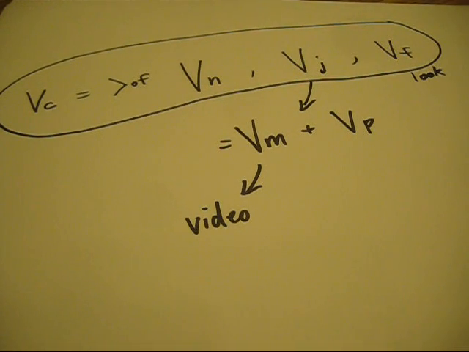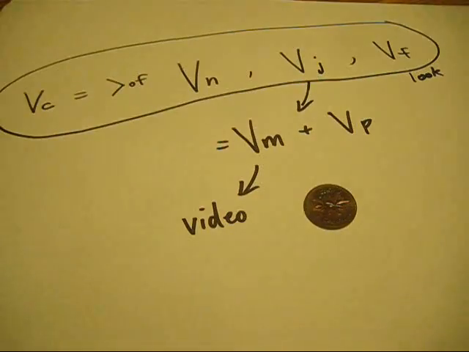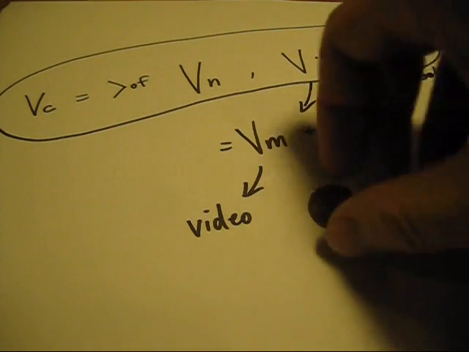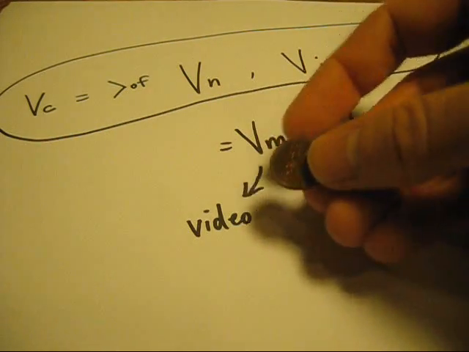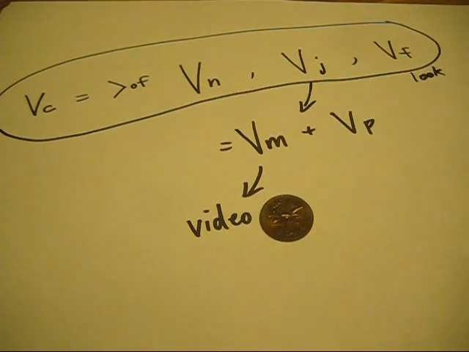We're going to start with the 1975 Canadian penny. It's of no particular amazing condition. This is not a rare date at all.